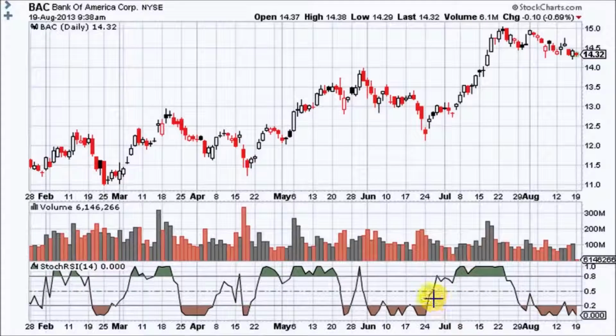Right here it breaks up above 0.5. It becomes bullish at this point right here. That was before a nice reversal candle formed a cup and handle, and a nice reversal candle at the bottom of the handle here.